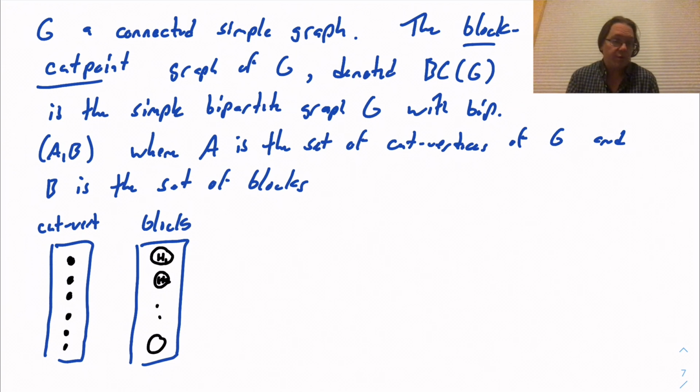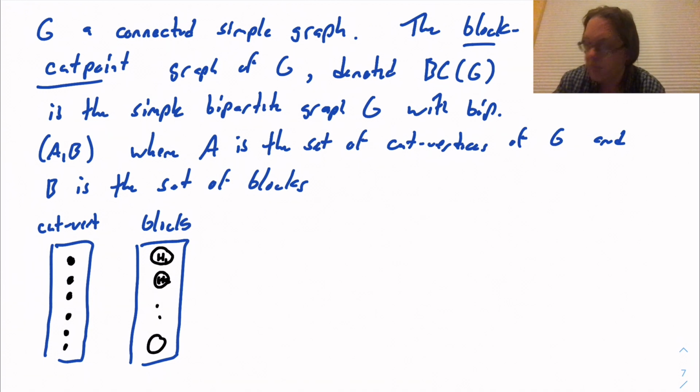And the rule, quite naturally, is that if I give you a cut vertex and a block, those are going to be adjacent vertices in this block cut point graph if and only if, when you go back and look at the original graph, that cut vertex I gave you is a vertex of that block.